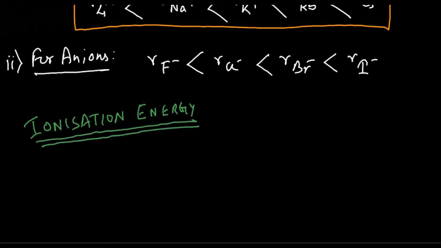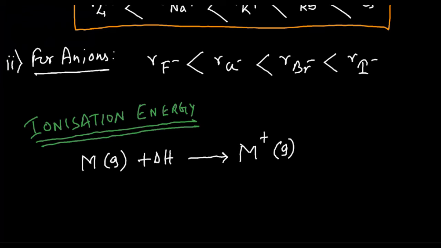That means, suppose we consider one isolated gaseous atom M. The amount of energy that we have to give here, say delta H, so that the outermost electron is removed to form M plus.